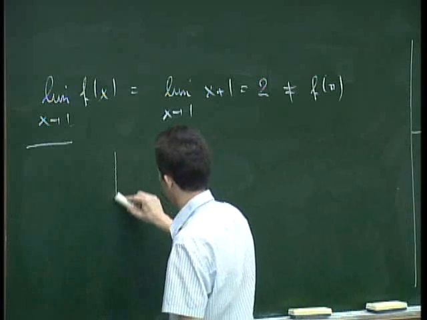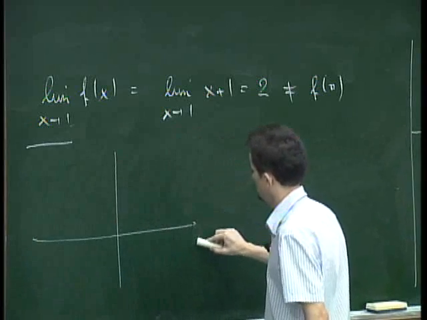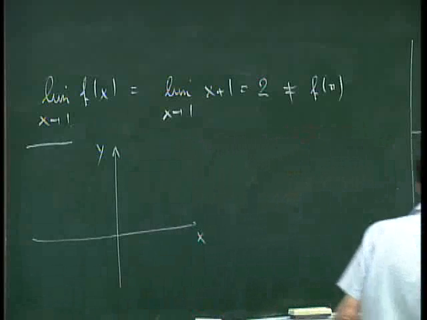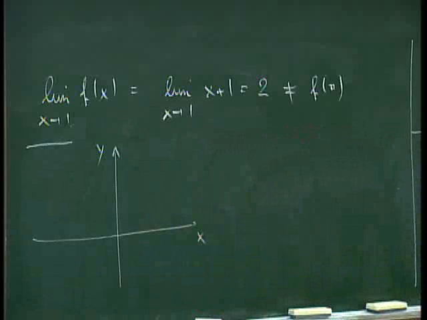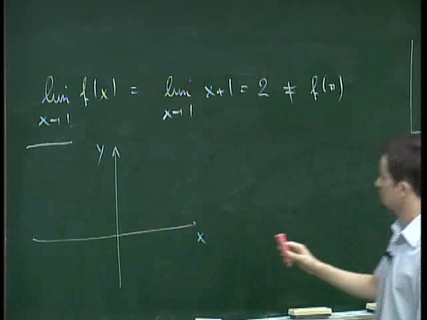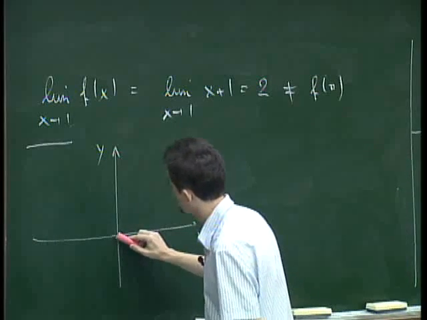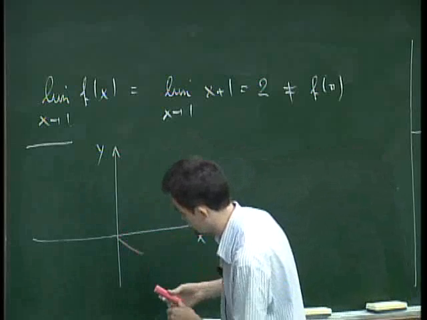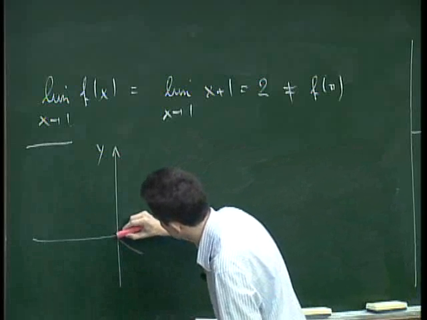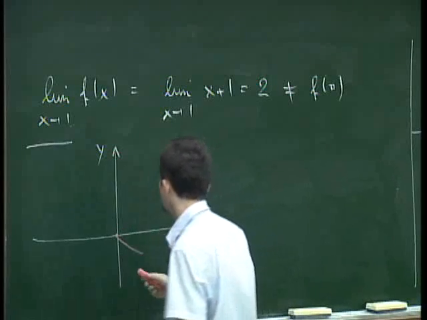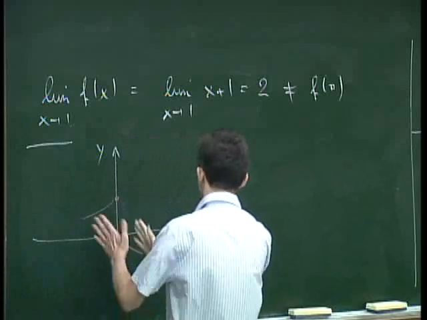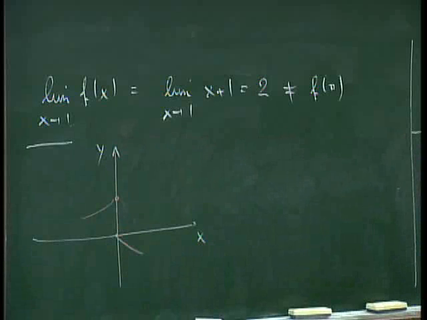So if you plot the graph, this one tends to 0. Of course we do not know here whether the function is positive or negative, but we don't have to figure this out. So this point is included. Now we have something here at 1. Locally the function looks like this here.